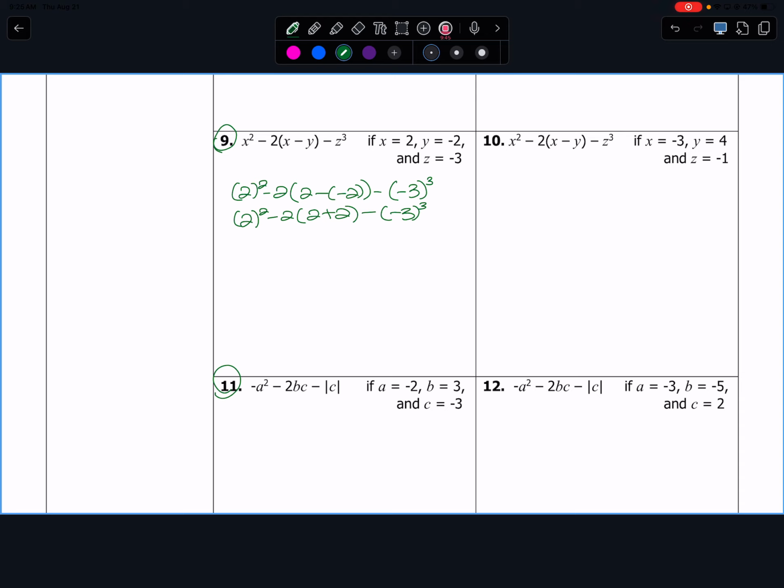Okay. So I have 2 squared minus 2 times 4 minus negative 3 cubed. So I have 4 minus 2 times 4 minus a negative 27. So I did all of my exponents there.